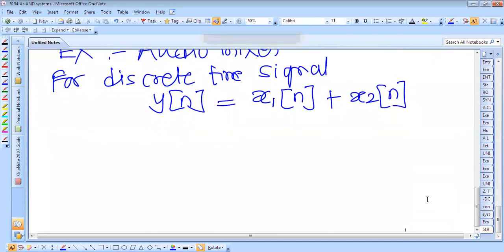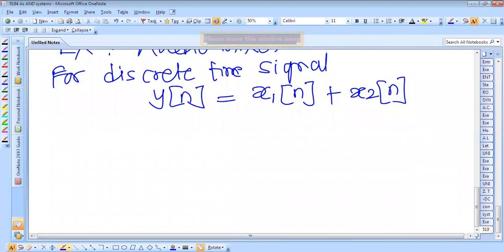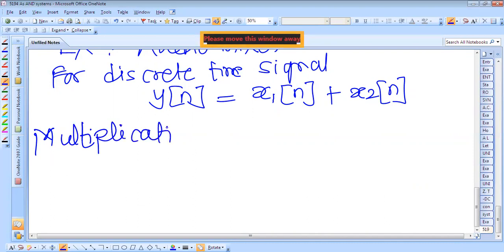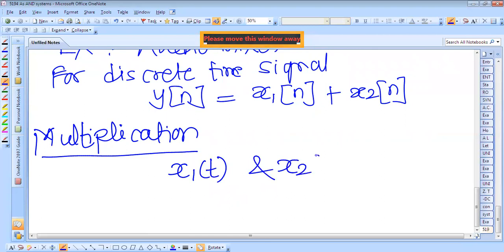Next operation we will consider is the multiplication. Let us consider a pair of continuous time signals, x1 of t and x2 of t.